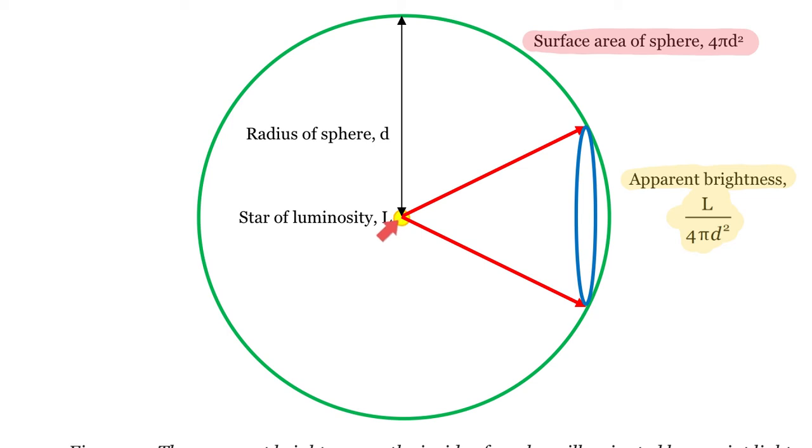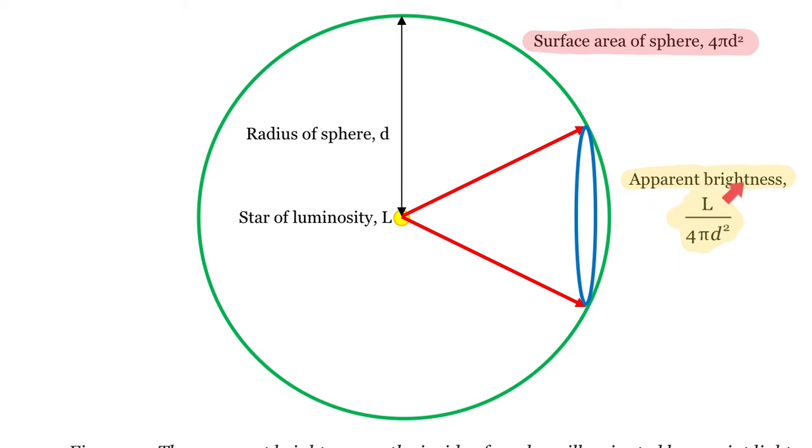Now remember, the luminosity is the power generated by the star. Then the apparent brightness is where we are. So let's say we are here. Then what we're going to observe is the apparent brightness. Now the apparent brightness is going to be the power, or the luminosity, divided by the internal surface area of the sphere, which would be 4 pi times the radius squared, which is d squared.